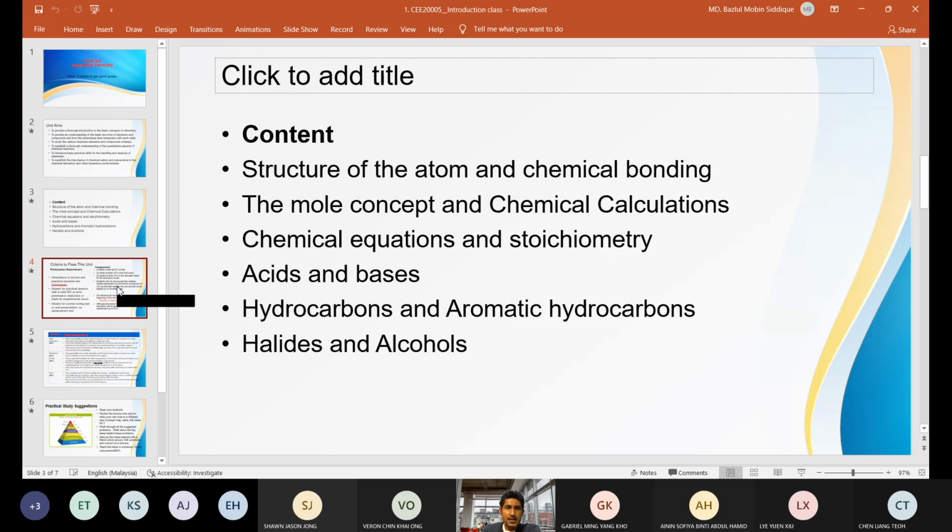So the criteria to pass this unit. Before passing, we need to know what we will do. Your attendance at lectures and practical sessions is compulsory, whether online or physical presence, but you should be present. Not in all lectures, but for all practical sessions, you should attend.